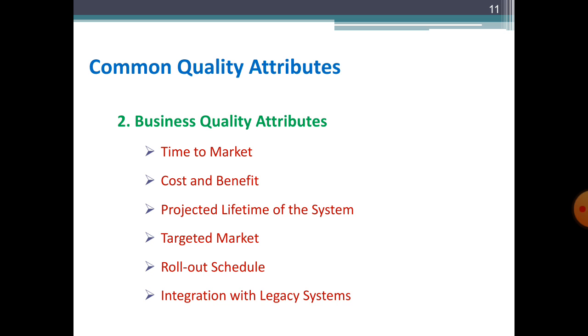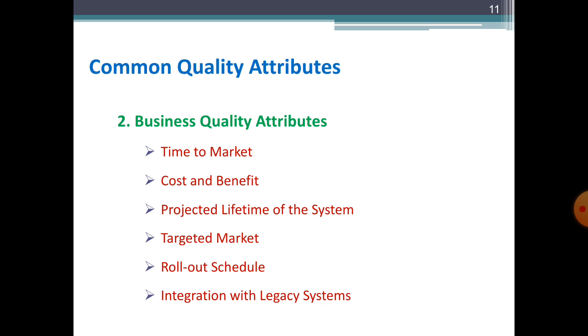Now the next level is business quality attributes. In our last lecture we also saw some perspectives of business attributes. Let's discuss these in more detail. The first one is time to market, which means architectural reuse affects the development time. The next one is cost and benefit: in-house architectural expertise is cheaper than outside expertise.